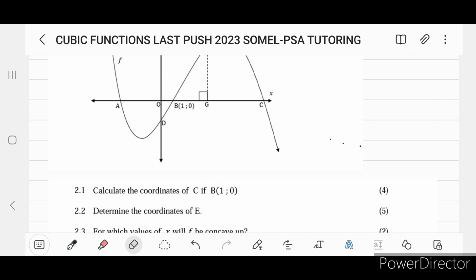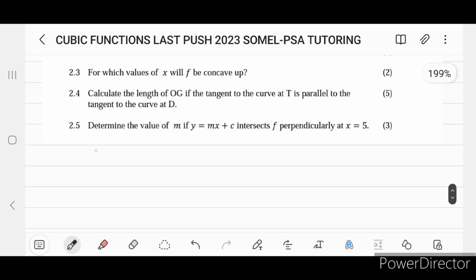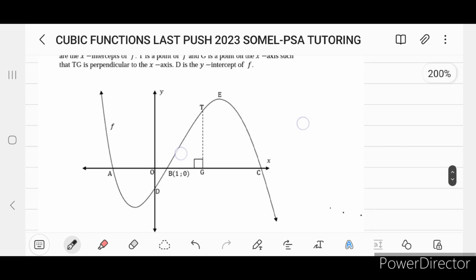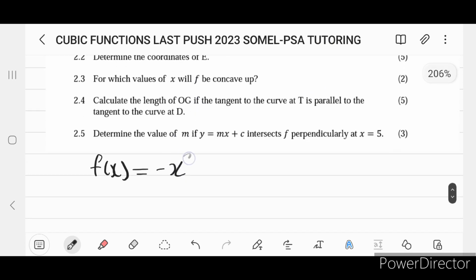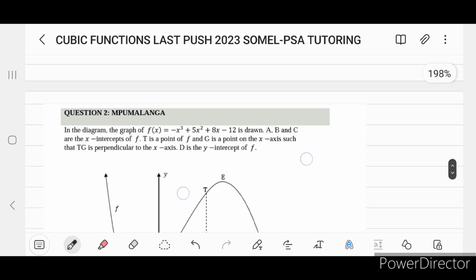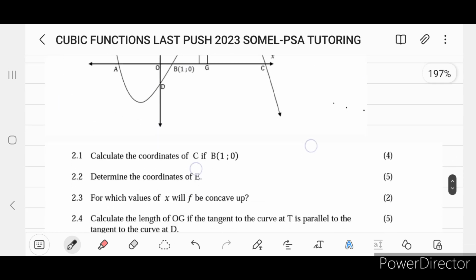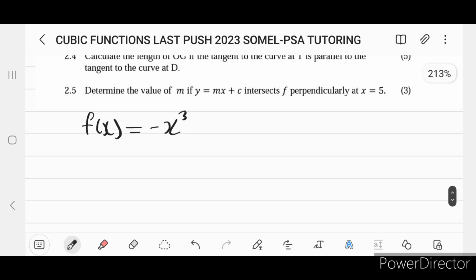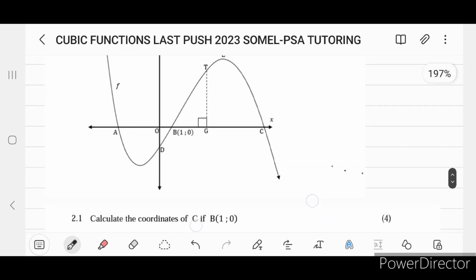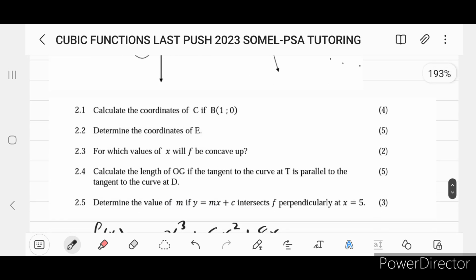Already we have the factor, because remember here this is f of x equals to, what is our function? Negative x cubed plus 5x squared plus 8x minus 12.